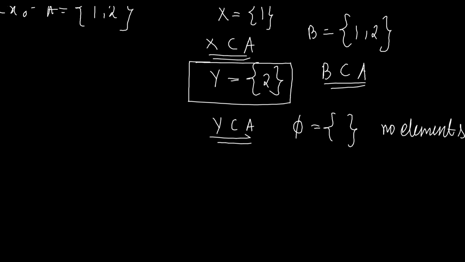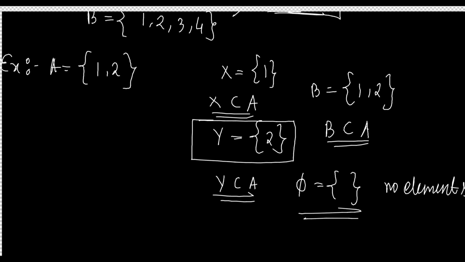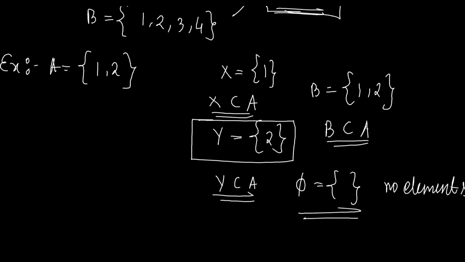Phi, the null set, has no elements, so it is also present inside this set A, but we do not write it; we write only 1 and 2. Besides 1 and 2 nothing is present, and that nothing is actually the phi set. So phi is also a subset of this set A.